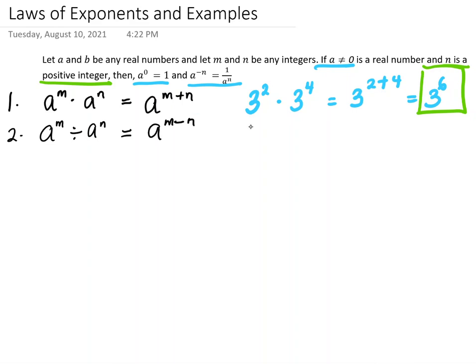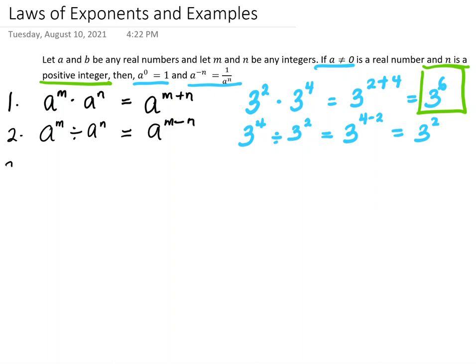For example, suppose we have 3 raised to the power of 4 divided by 3 raised to the power of 2. The law says we take the base because they are the same, then subtract the exponents, and that is 3 raised to the power of 2.